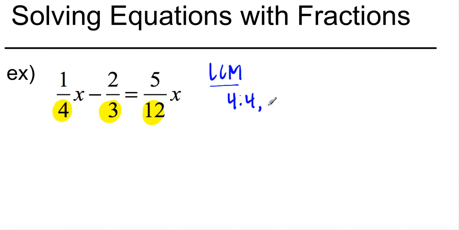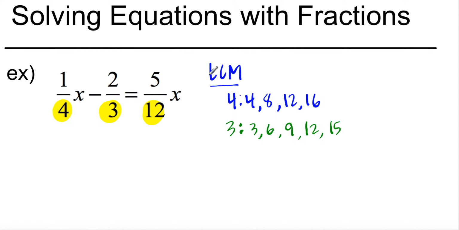All right, so multiples of 4 would be like 4, because 4 times 1 is 4. 4 times 2 is 8. 4 times 3 is 12. 4 times 4 is 16. And multiples of 3 would be 3 times 1 is 3. 3 times 2 is 6. 3 times 3 is 9. 3 times 4 is 12. 3 times 5 is 15. And we can keep going.